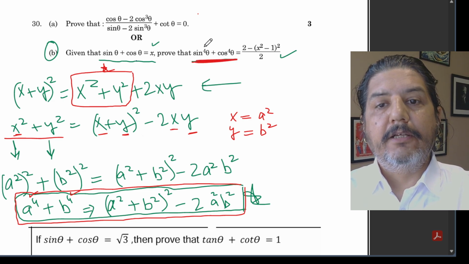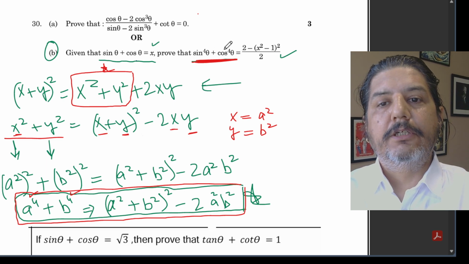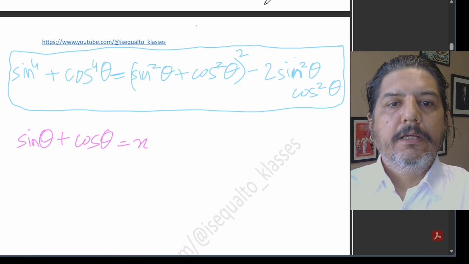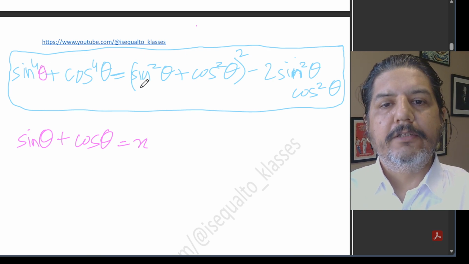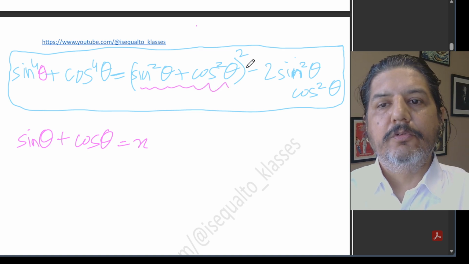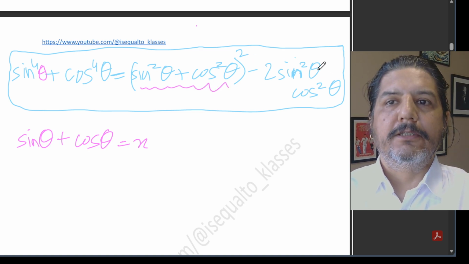Here it is written sin raised to power 4 theta plus cos^4 theta. So sin^4 theta plus cos^4 theta is equal to (sin square theta plus cos square theta) whole square minus 2 sin square theta cos square theta. Now, how did I get this result?